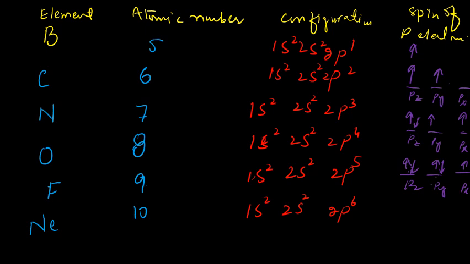And for neon, which has completely filled p subshells, the electrons are filled according to Hund's rules. First they occupy with parallel spin, and then the electrons go with anti-parallel spins. So this is the filling of orbitals according to Hund's rules.